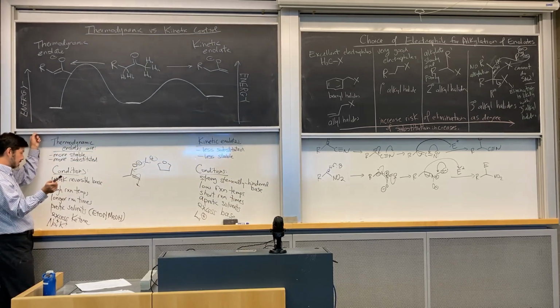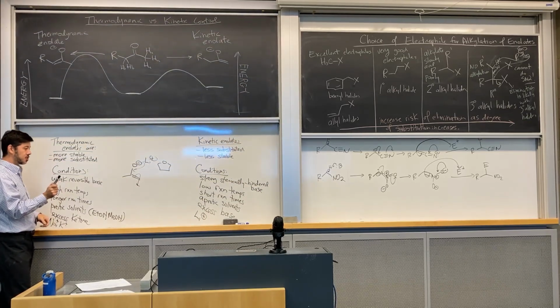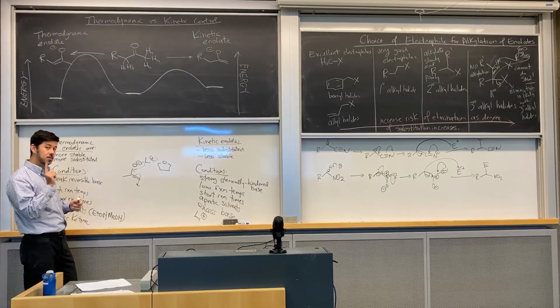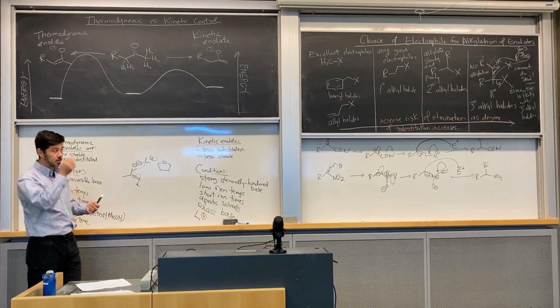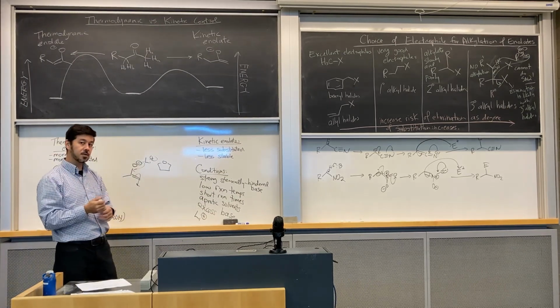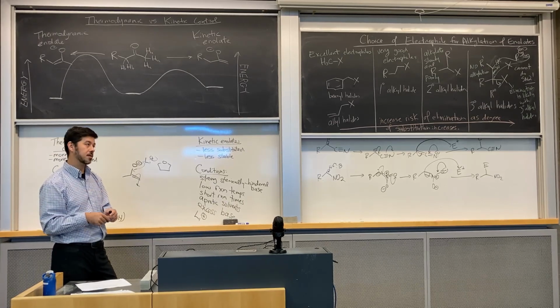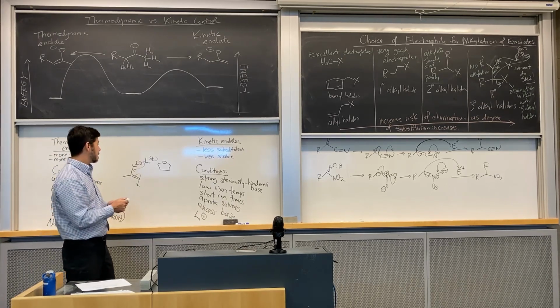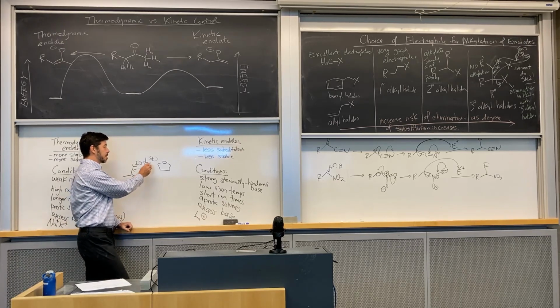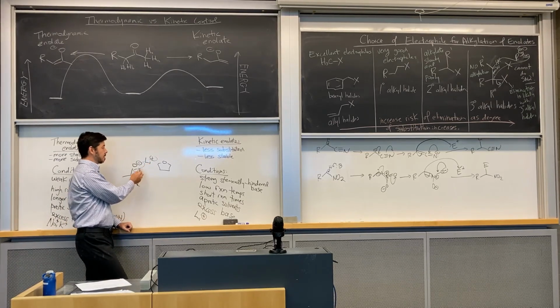And then finally, in terms of conditions, we want to use counter ions with these bases. I'm going to talk about these different types of bases in the next lecture. If we use something like a lithium counter ion, it will take the enolate and form a pretty strong ionic bond with the oxygen here, meaning that this is not super reactive.